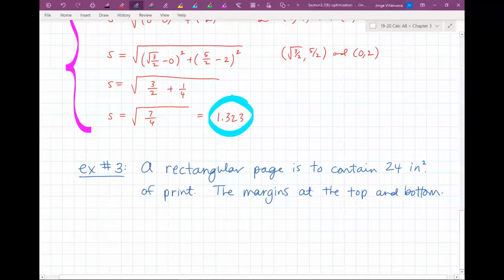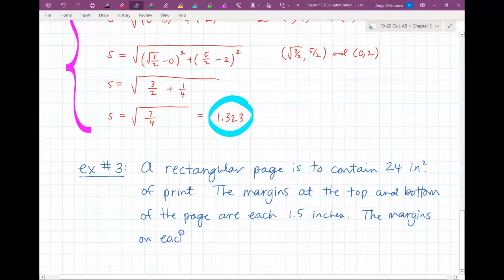The margins at the top and bottom of the page are each 1.5 inches. The margins on each side are 1 inch.